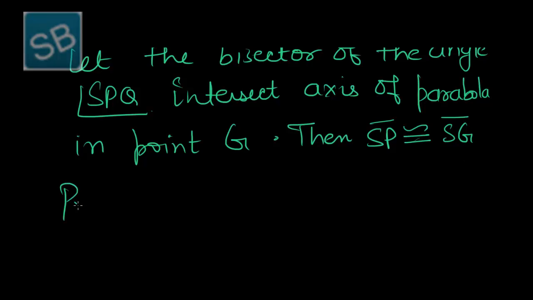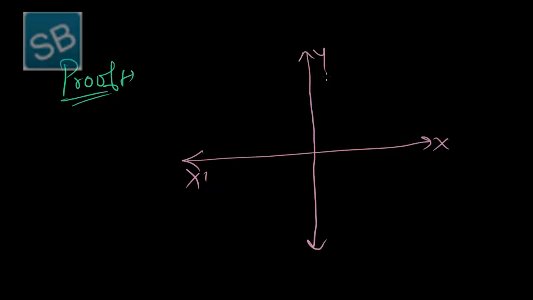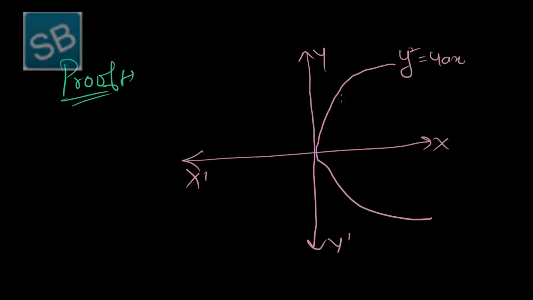So first of all, we will draw the diagram. This is the x-axis and this is the y-axis, and we have the parabola y square is equal to 4ax, and we have a line parallel to the axis. The axis of the parabola is this, so this is a line which is parallel to the axis, and this is the focus.